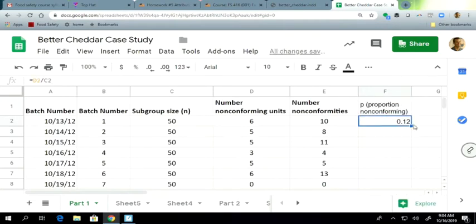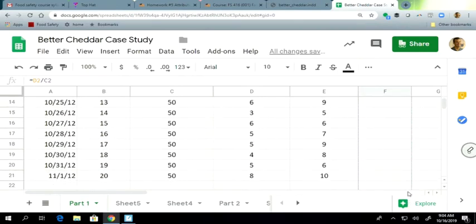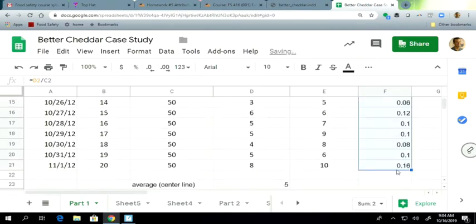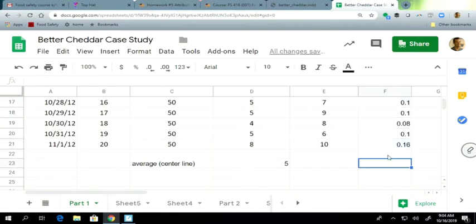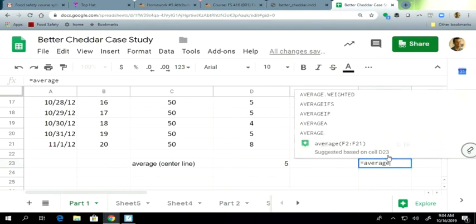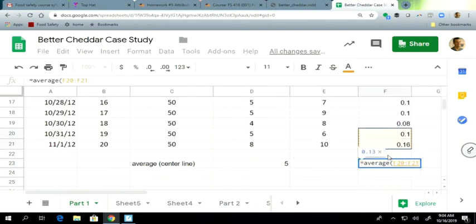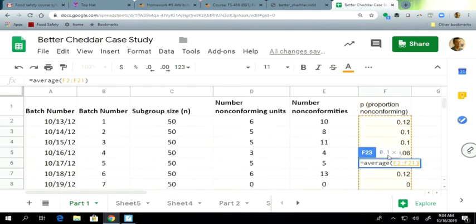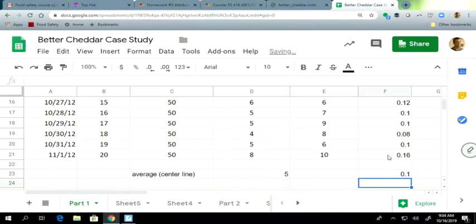Okay, and we'll drag that down. Easy peasy, lemon squeezy. And then we're just going to calculate the average here. Okay, so the average P-bar is 0.1.